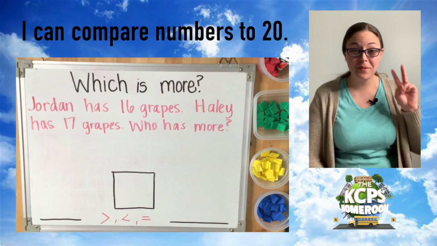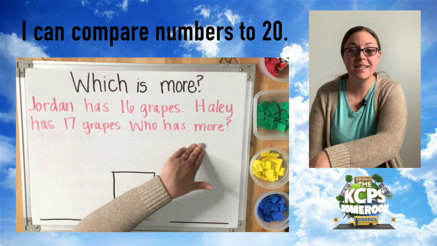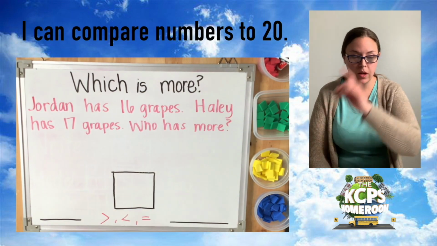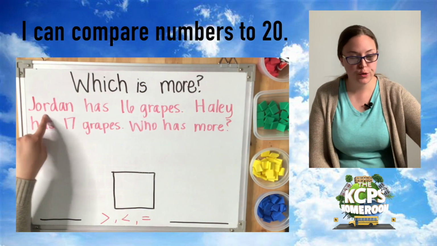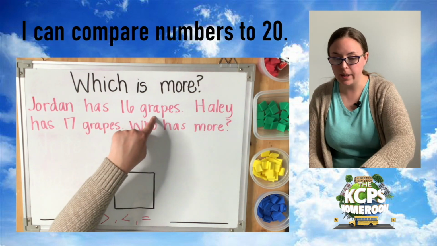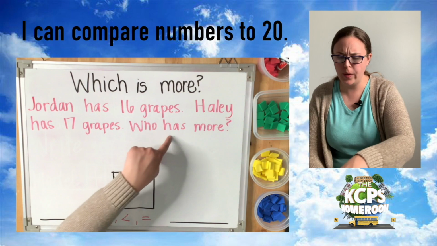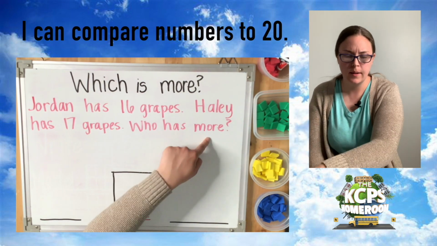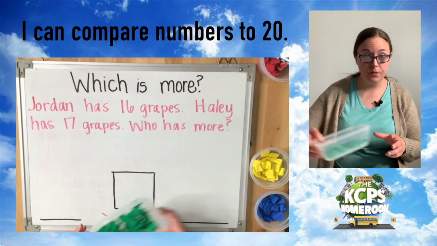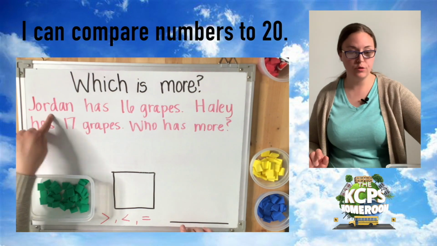All right, we're ready for problem 2, and here is our second word problem. Let's read it together. Jordan has 16 grapes. Haley has 17 grapes. Who has more? So I'm going to use the green counters this time, and I'm going to count out Jordan's grapes.